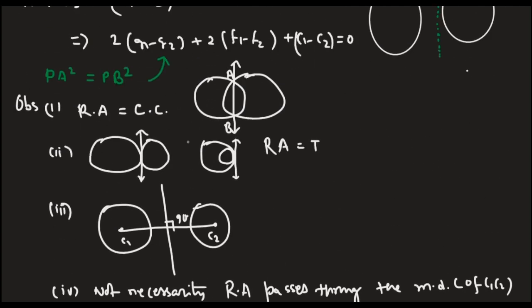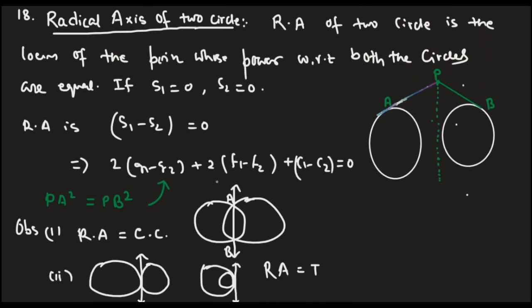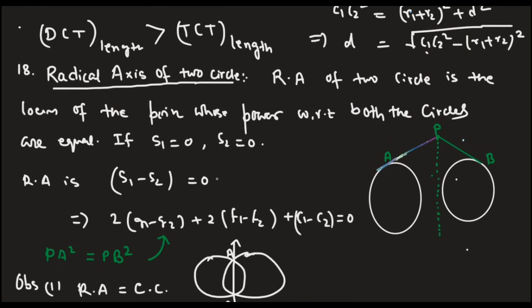Now let us go through a revision for the radical axis of two circles. The radical axis of two circles is nothing but the locus of a point whose power with respect to both the circles is equal.